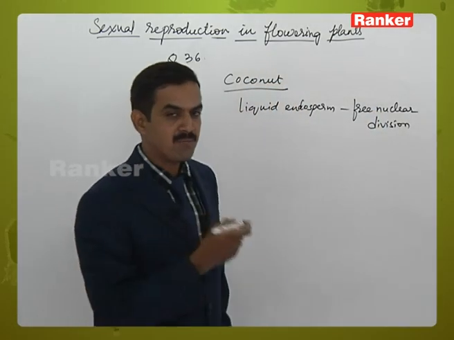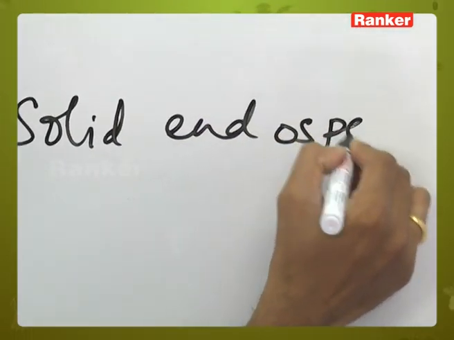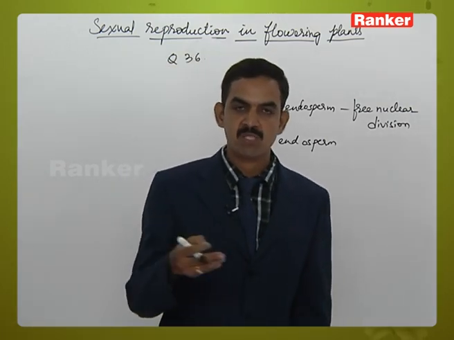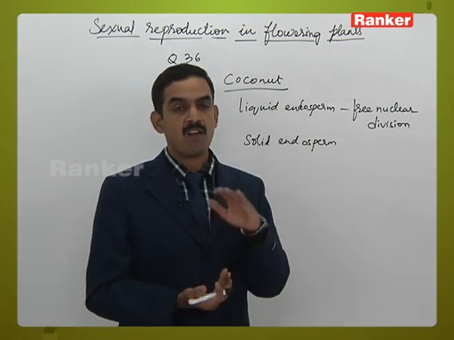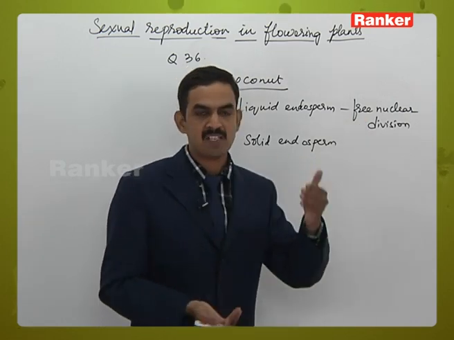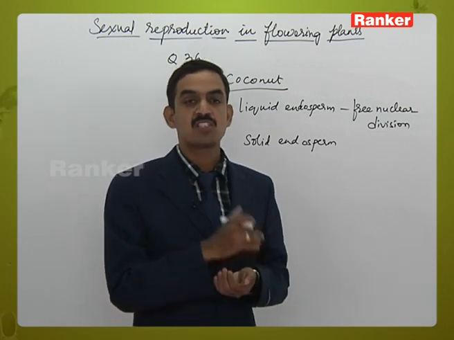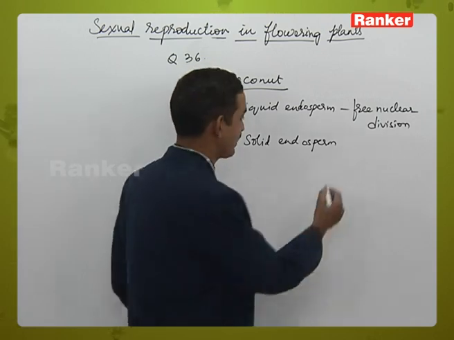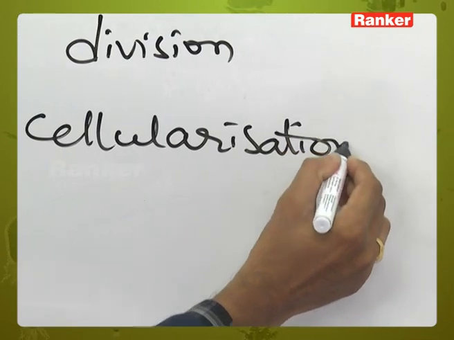There is one more endosperm, called the solid endosperm. That is what we call the kernel, the one which we eat. And how is this solid endosperm formed? After the first free nuclear divisions take place, after some time each nucleus starts accumulating a cell wall around it and cellularization takes place, that is, cell wall formation.